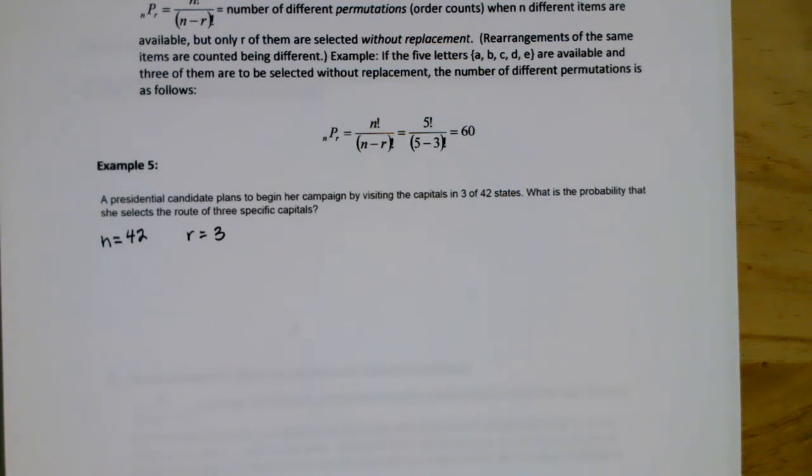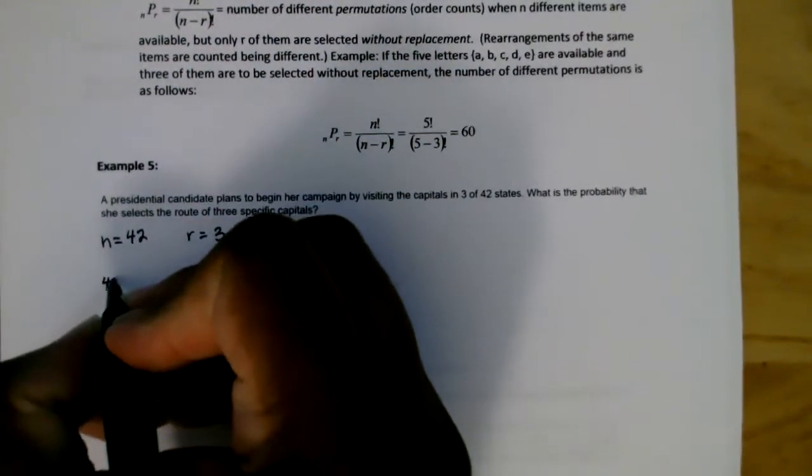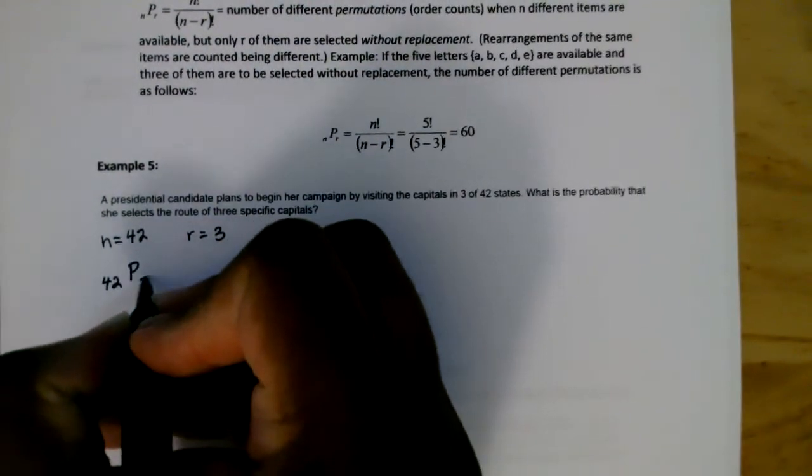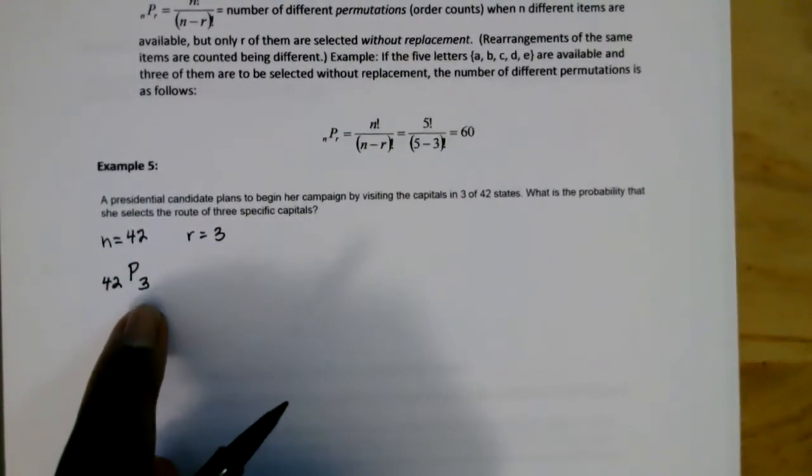All right, this is actually a permutations problem here because this is going to be done without replacement, meaning she's not going to visit that same capital again. So the way we write this will be 42 with a capital P and then 3, nPr.